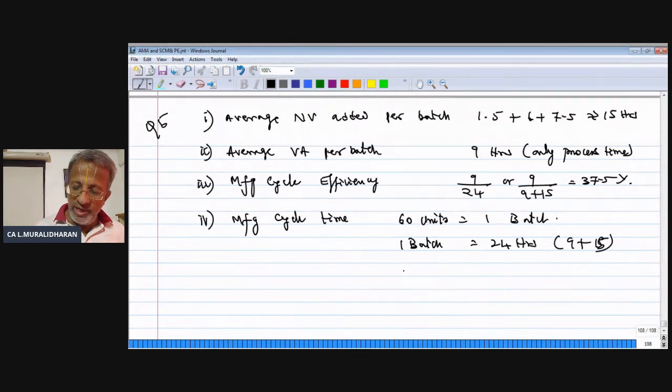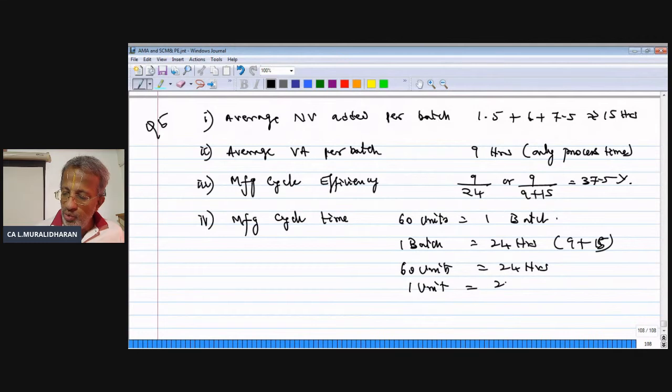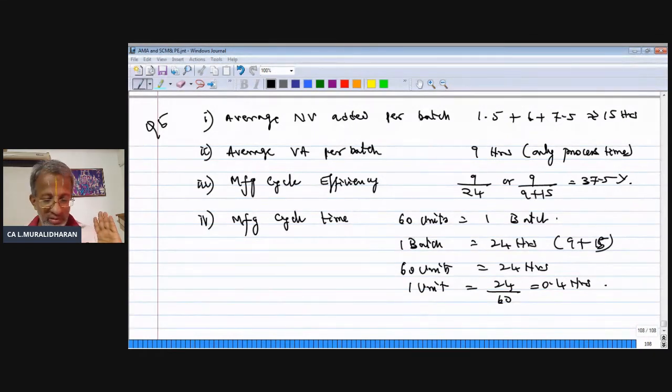So therefore, you may consider 60 units equal to 24 hours. And therefore, 1 unit is equal to 24 divided by 60, which is equal to 0.4 hours per unit. This is the answer for that particular question. Manufacturing cycle time is 0.4 hours. So manufacturing cycle efficiency is 37.5% of the time only they are using for production purposes, and the rest are non-value added activity. In certain cases you can't avoid, in certain cases you can avoid.